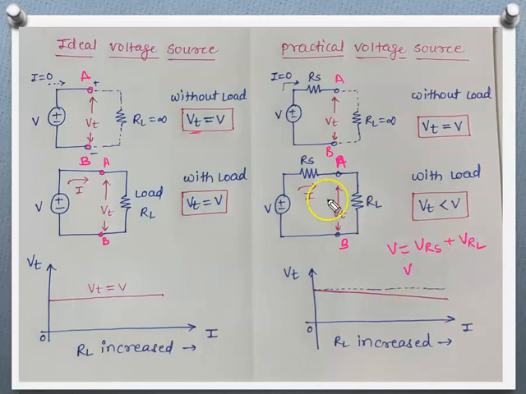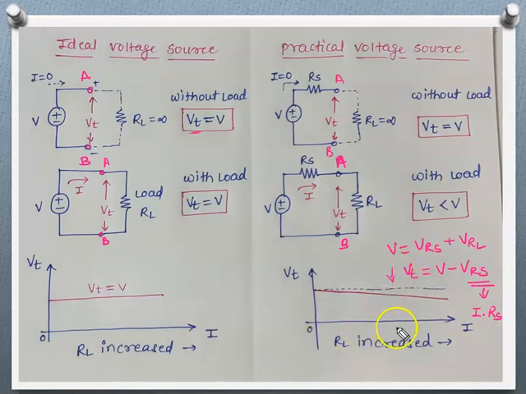This voltage across RL is the terminal voltage. So the terminal voltage Vt will be V minus the voltage drop across the series resistance Rs, which can be written as I into Rs according to Ohm's law. So when the current increases, this drop increases, and then Vt automatically decreases.